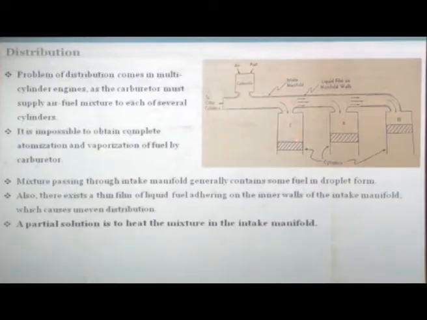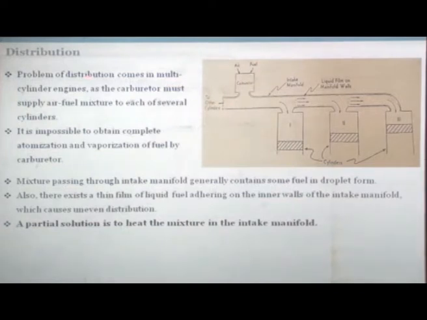So, each of the cylinders, for example, it could be a 4-cylinder engine or 6-cylinder engine and only one carburetor. So, what will happen is eventually each cylinder theoretically must get the same air fuel ratio, but when you look at it practically, not every cylinder gets the same air fuel ratio. And so, there is a problem in the fuel distribution between the cylinders.